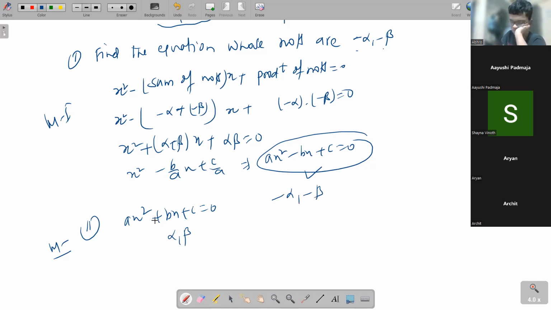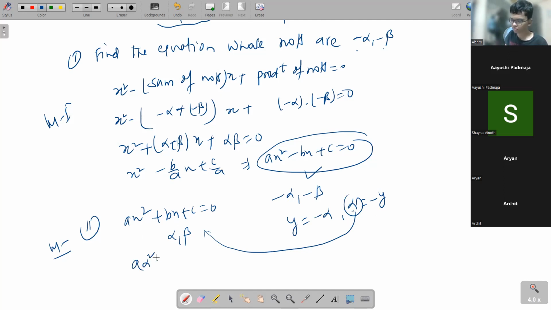So let y equal to minus alpha and y equal to minus beta. Now alpha equal to minus y can be written. We know that alpha is a root of this equation, and a root always satisfies the equation.